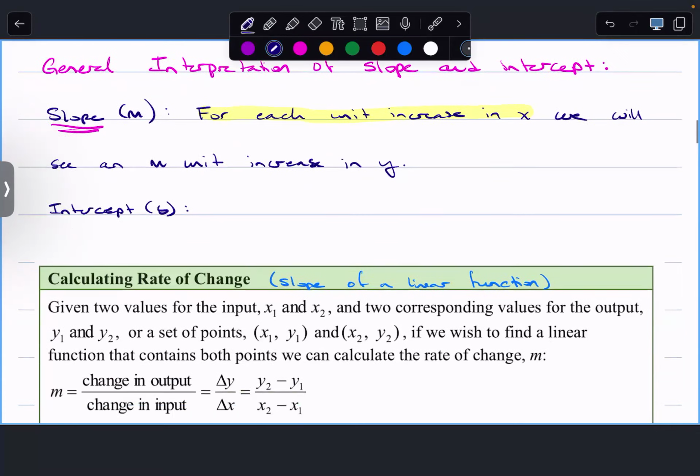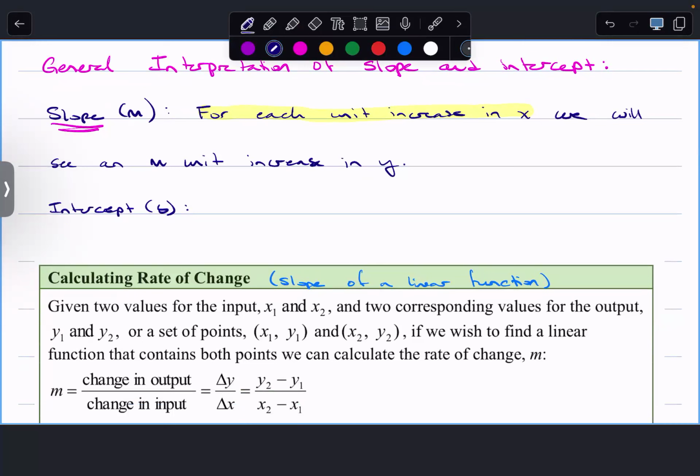B. This is the value of y when x is 0. And it's that x equal to 0 that we're going to hang our hat on.